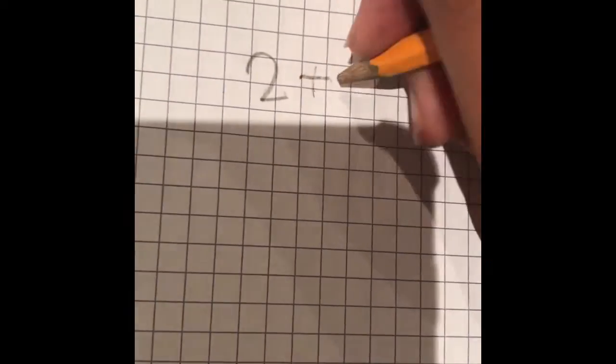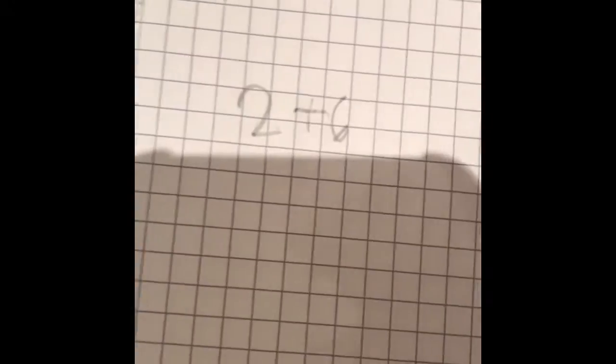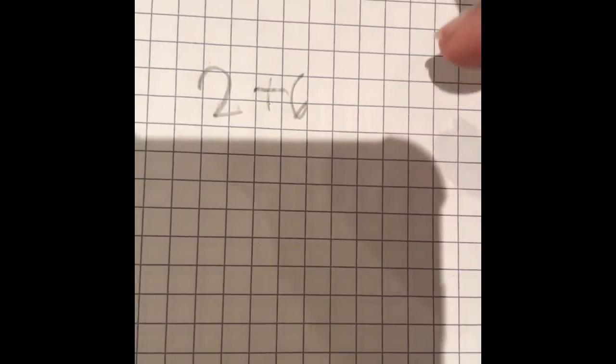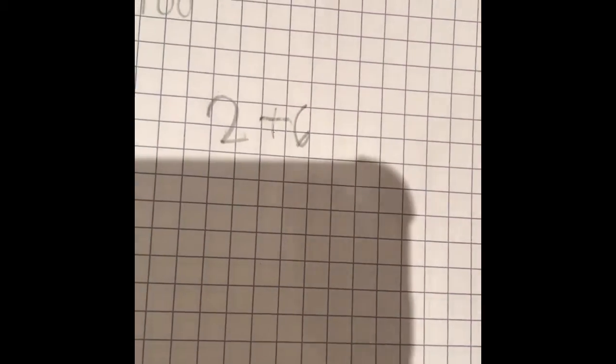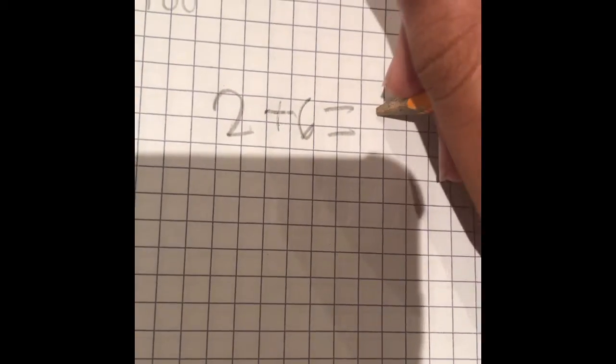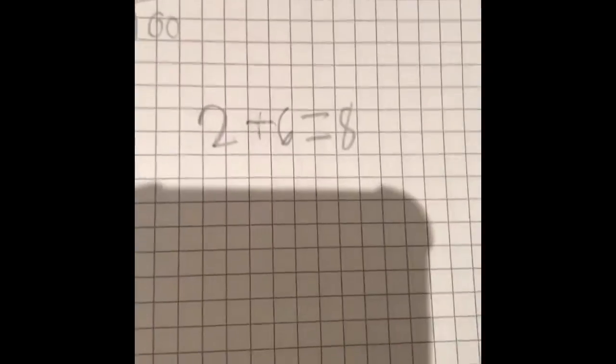To do an equation, you need 2 or more numbers that would be either added together or minused together to equal the same thing. And since adding 2 to 6 equals 8, they are the exact same thing.